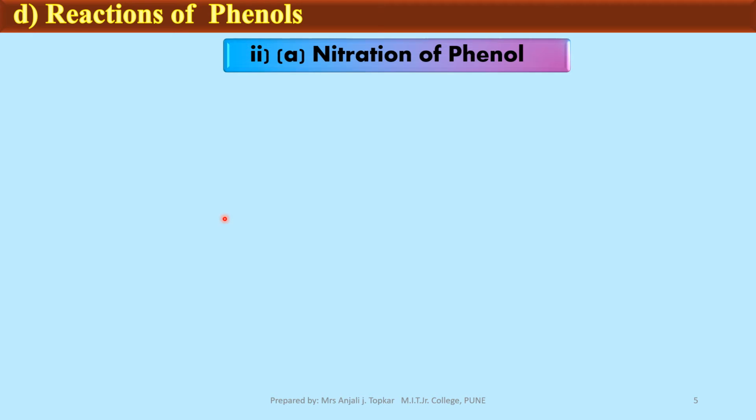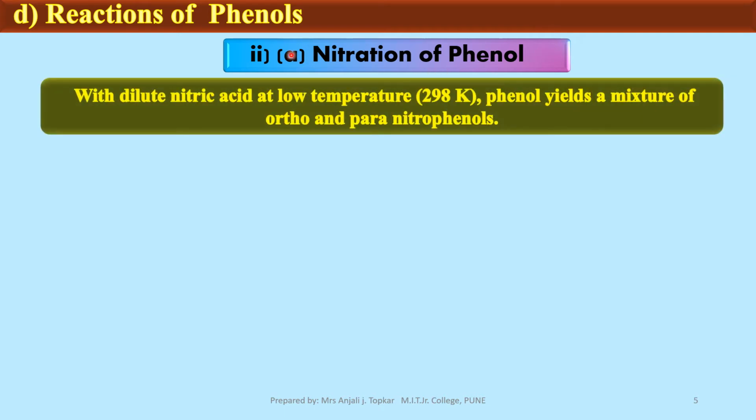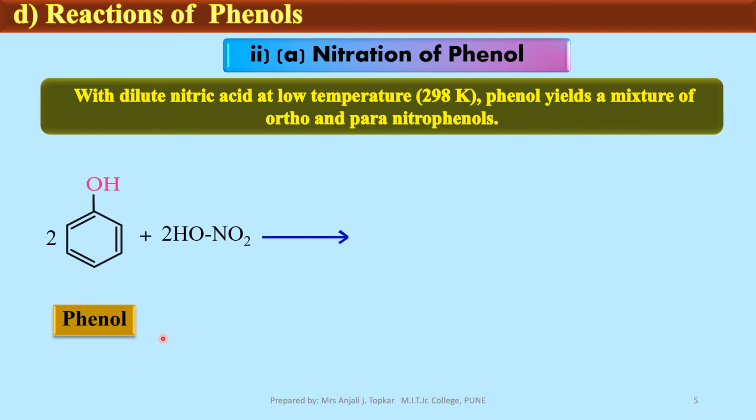With dilute nitric acid at low temperature, that is 298 Kelvin, phenol yields a mixture of ortho and para-nitrophenols. Here is the reaction. Here, nitric acid, that is HNO3, is written as HONO2 for the convenience to understand the reaction.